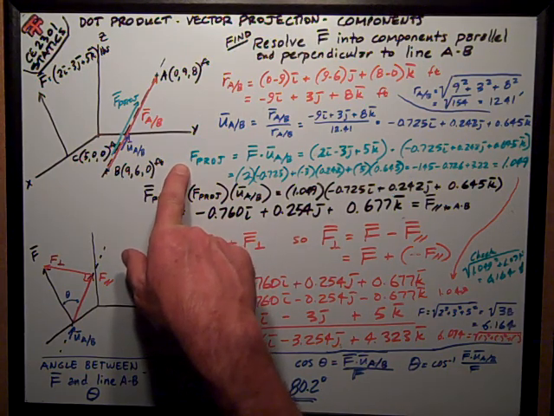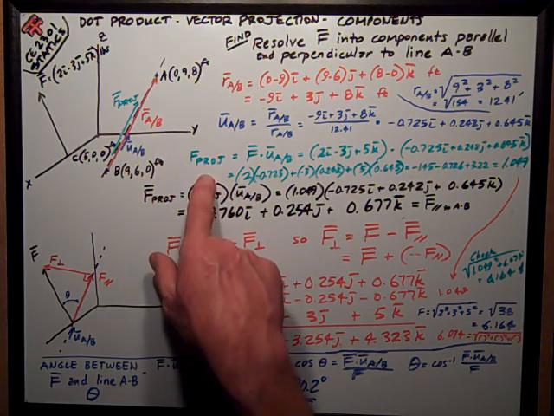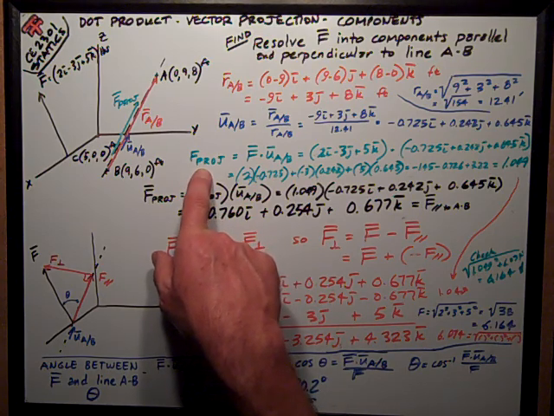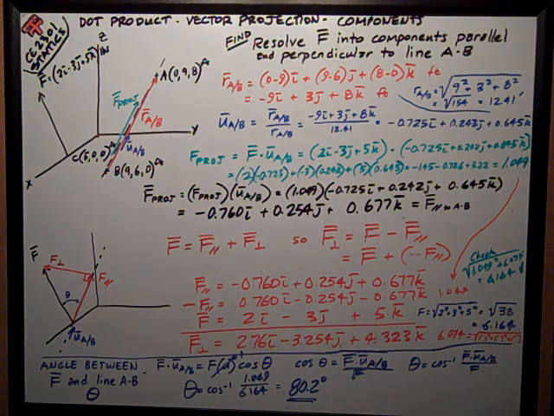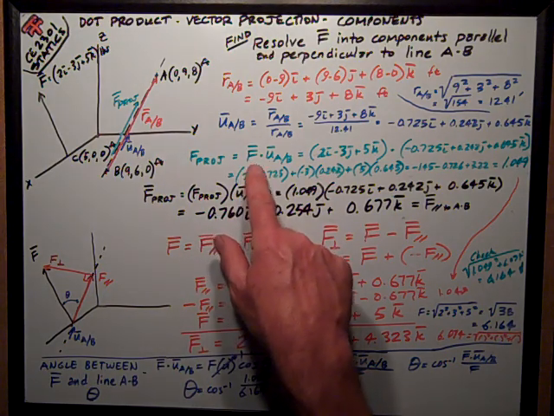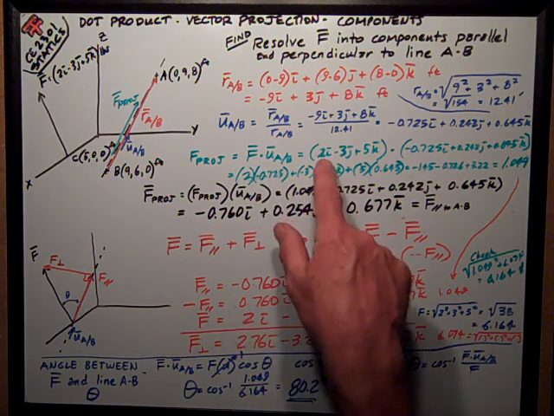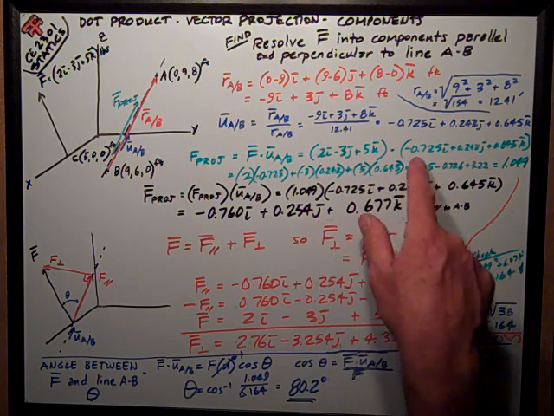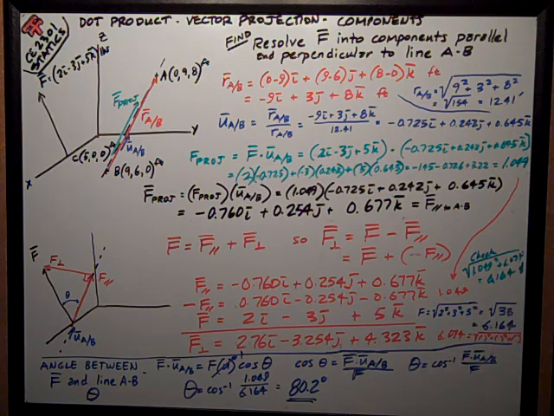Next step is to get the dot product to give me the F projection, which is just a scalar number. It's really the length of the line. So that's just F vector dot UAB vector. Here is F, 2i, negative 3j plus 5k. Here is UAB, expressed as a Cartesian vector.